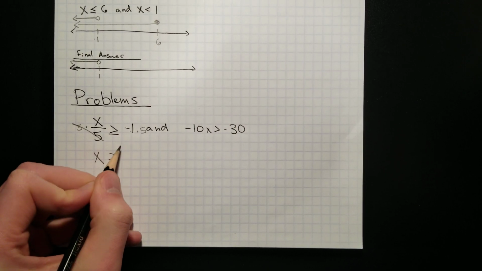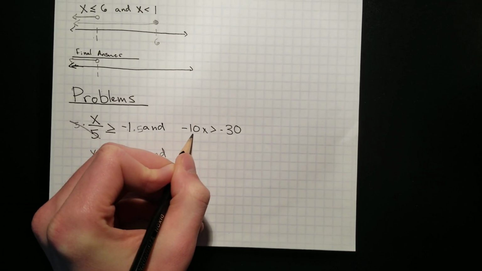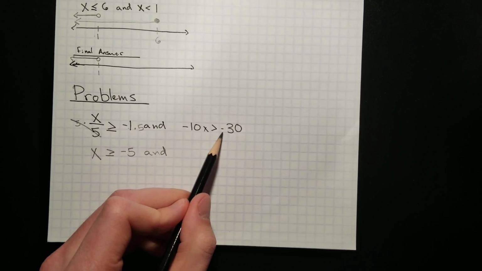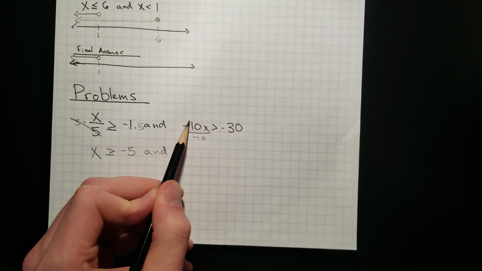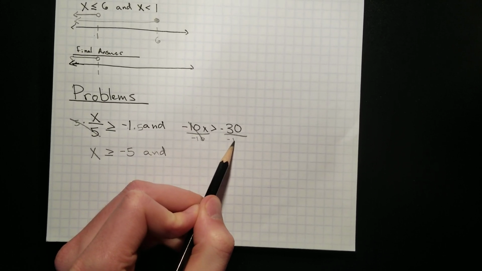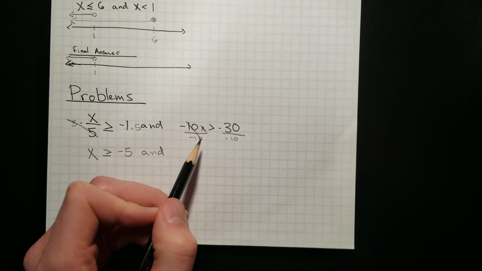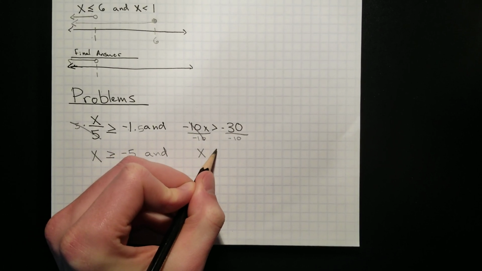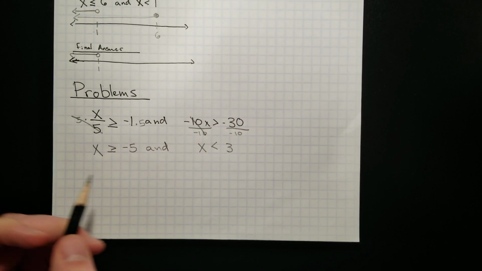So I have -1 times 5 is -5. And here, -10x is greater than -30. Well, that means that I have to divide by -10 to get rid of that, and divide by -10 here. Remember, because I'm dividing by a negative, I need to flip the inequality. So x is going to be less than +3 in this case.